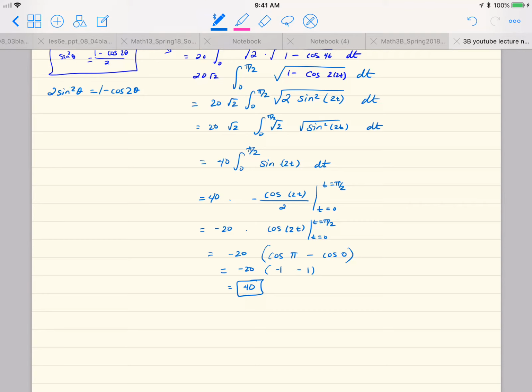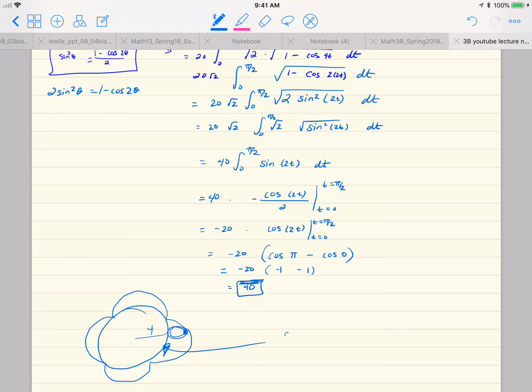And in fact, let's see how reasonable this is. So if we've got our little circle here and our big circle has a radius of 4, and we've got our little circle, which has radius 1, and we said we've got a point, and that point is just going to go around the circle 4 times. How reasonable is it for that arc length to be 40? Let's see here. What is the circumference of this circle?